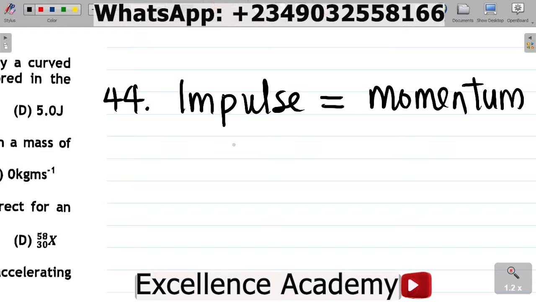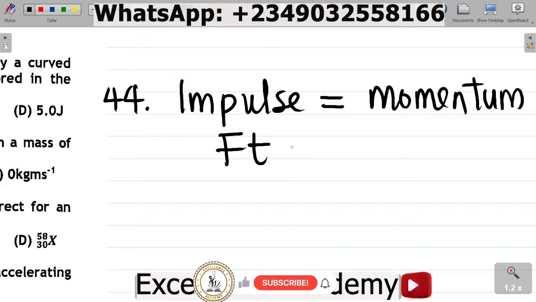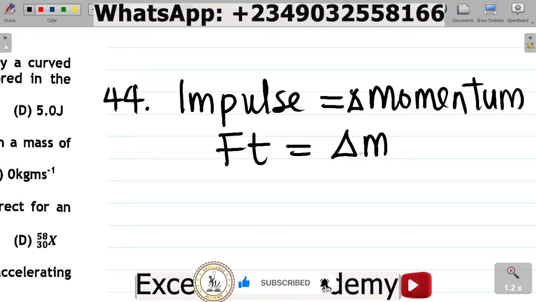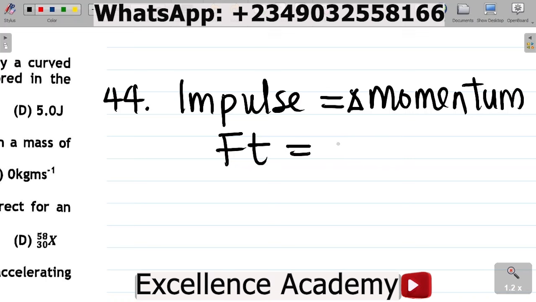And we know that impulse is simply force times time. That's impulse, right? Force times time. That's impulse is equal to, well, not just momentum, but a change in momentum. So force times time, which is impulse, is equal to change in momentum.